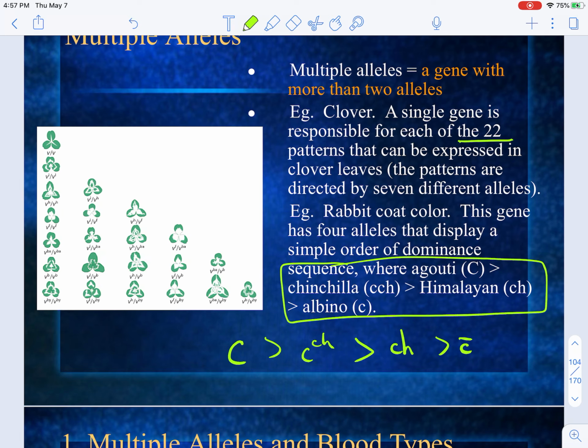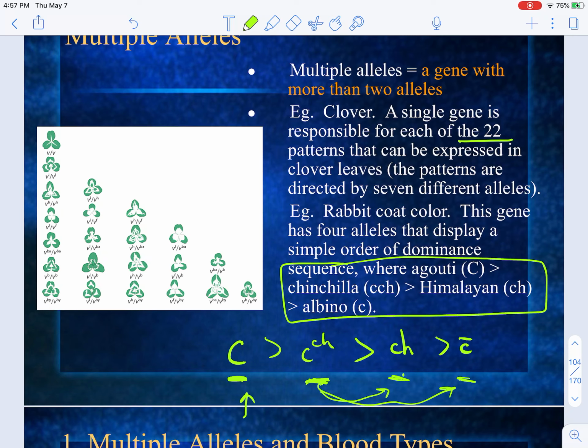Now, I wrote this out like this because what we do with multiple alleles is we check out the hierarchy of dominance that exists. Hierarchy of dominance means that the one at the top here, agouti, is stronger than any of these other colors. So if it shows up with any of these alleles, it will still be agouti colored. Whereas chinchilla can be chinchilla with 2 of these, or if it's found with either of the others because it's stronger than those.